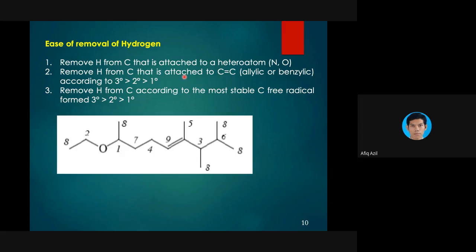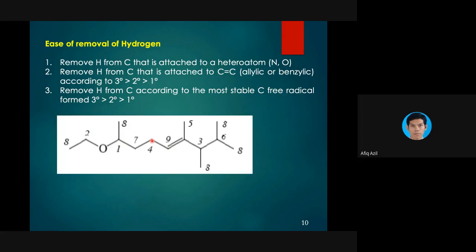hydrogen from carbon that is attached to C double bond C. So where is your C double bond C? You have C double bond C here, and there are 1, 2, 3 carbons bonded to the C double bond C. Once you have established that, you have to remove the hydrogen according to the stability of the free radical that is going to be formed, which is tertiary, secondary, and primary.